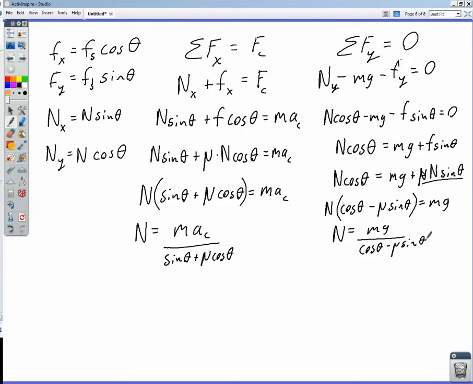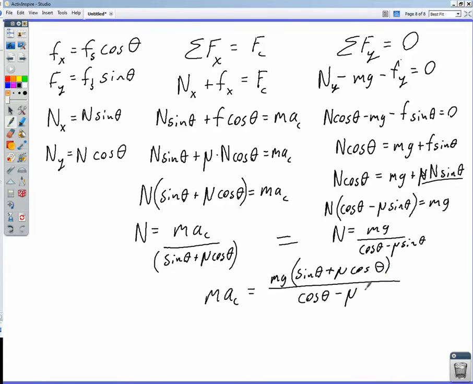So we have these two now equal to the normal force. We can set them equal to each other. And we can now solve for a sub c. So if we multiply both sides by this guy right here, we get m a sub c is equal to mg times sine theta plus mu cos theta, all divided by cos theta minus mu sine theta.